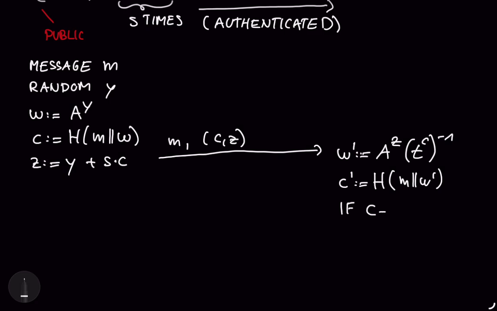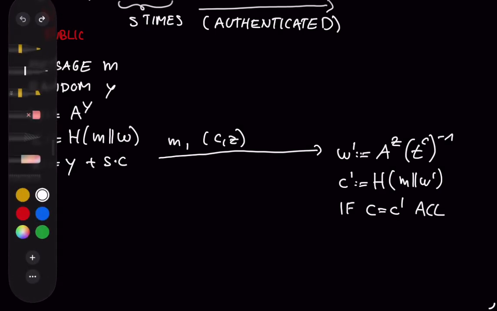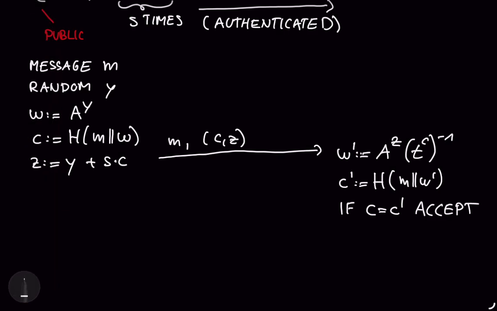So if C is equal to C prime, then we accept the signature, else we reject it. So, and this is the protocol.